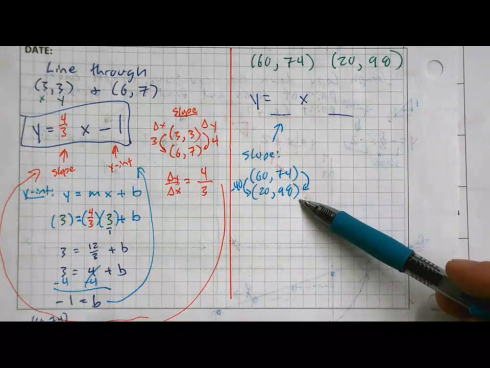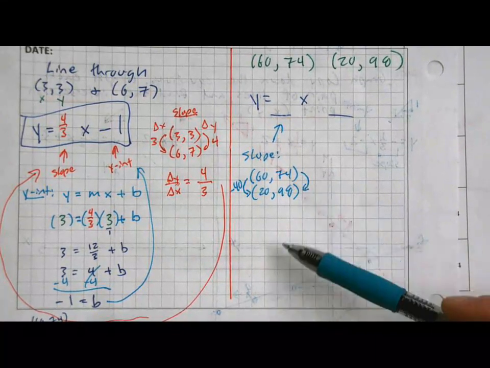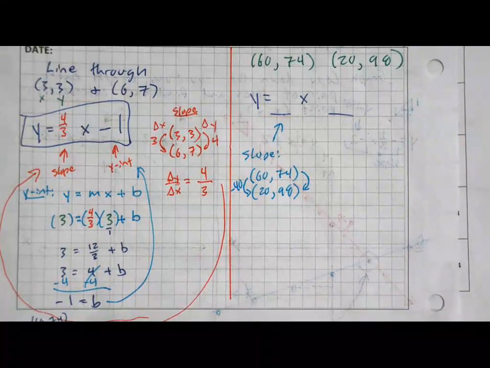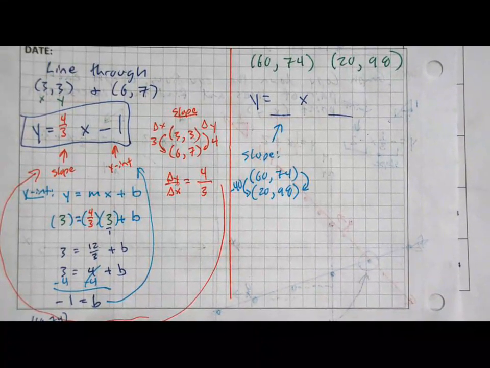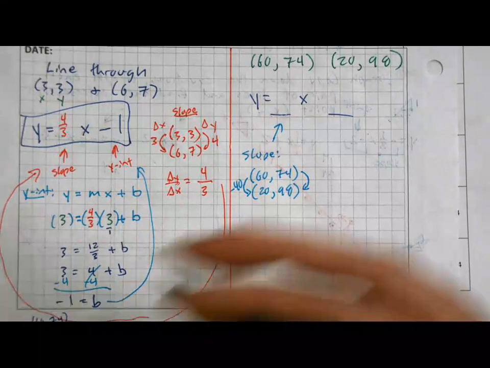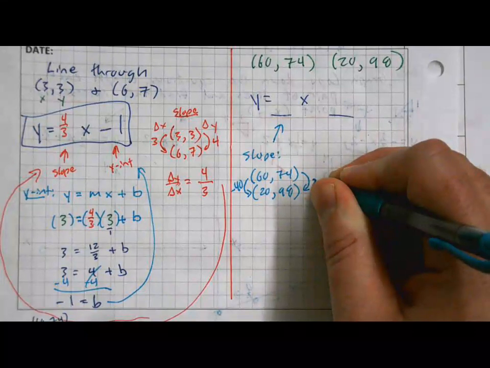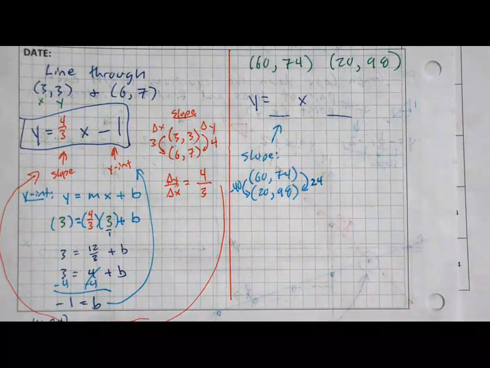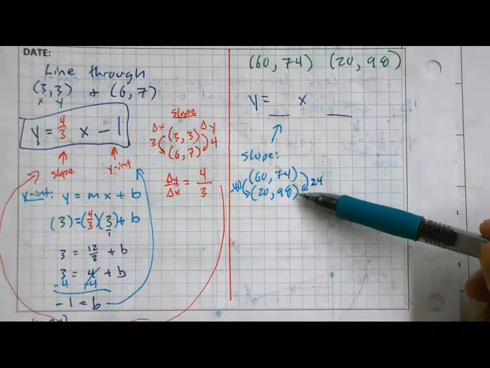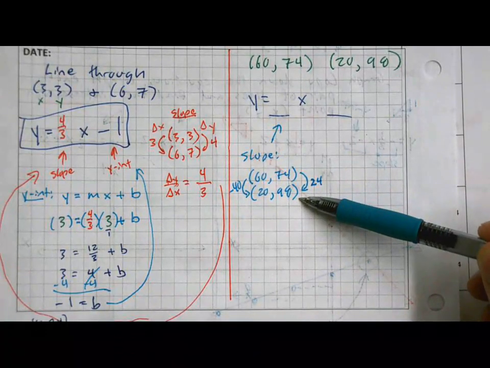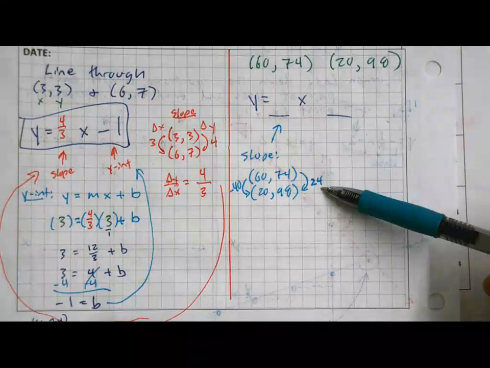I might grab a calculator and figure out what that is by subtracting them. 98 minus 74 is it 24? Now would this be a plus 24 or minus 24? I'm going from 74 to 98. Am I adding or am I subtracting? Adding, so that would be positive.